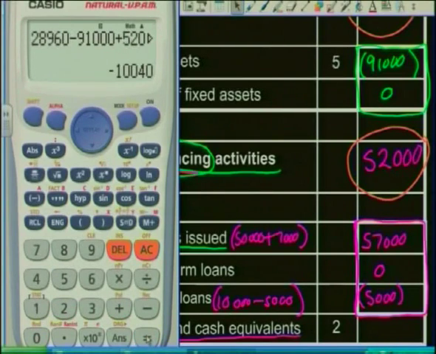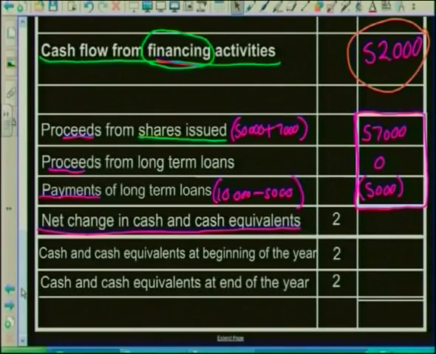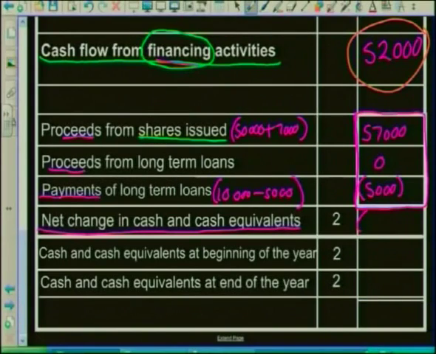So let's fill that in, the change in cash and cash equivalent, an amount of 10,040. It's a negative amount, guys, so in brackets.